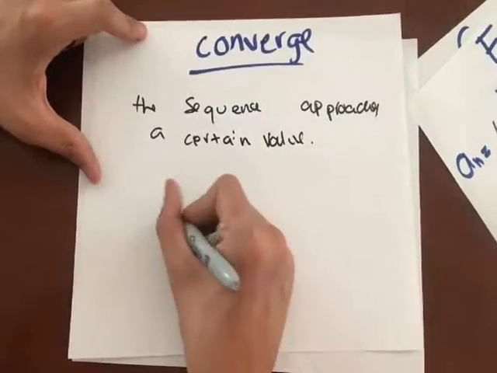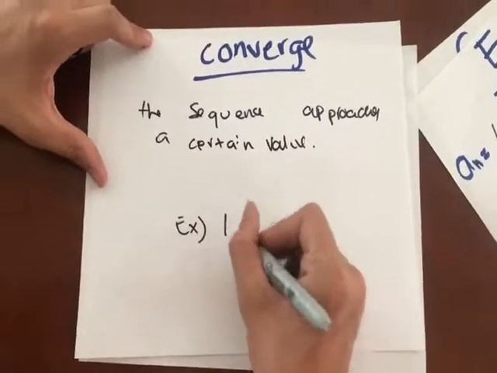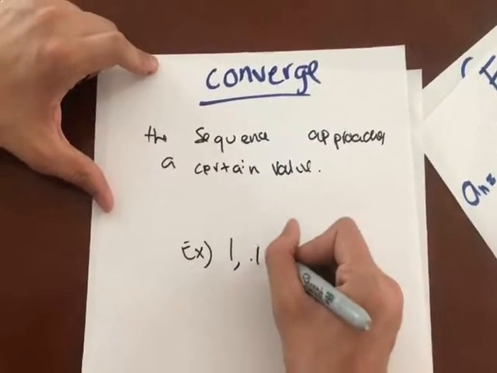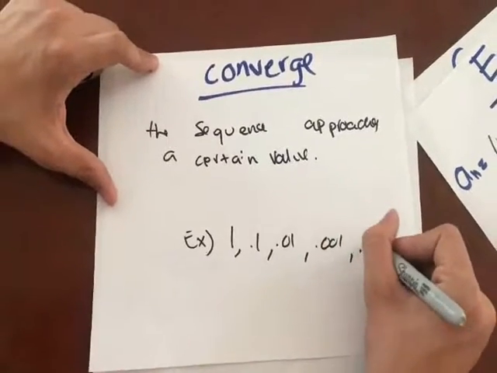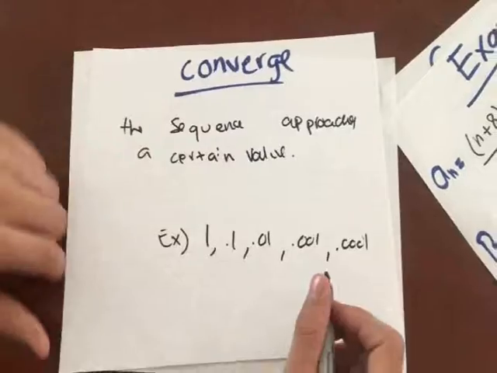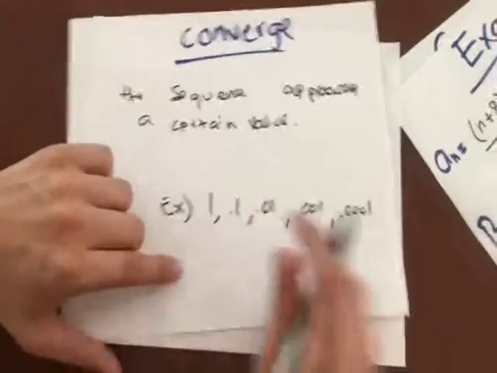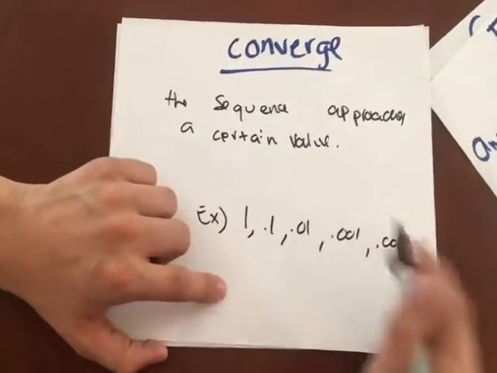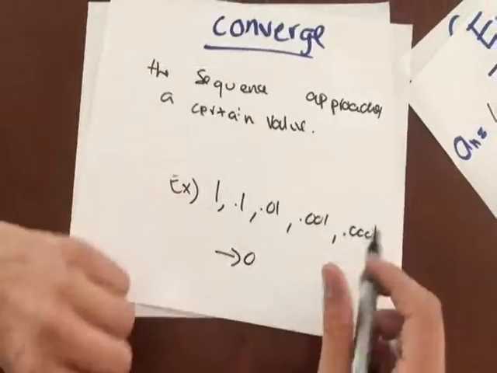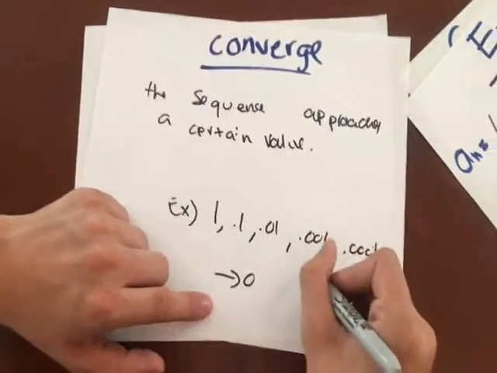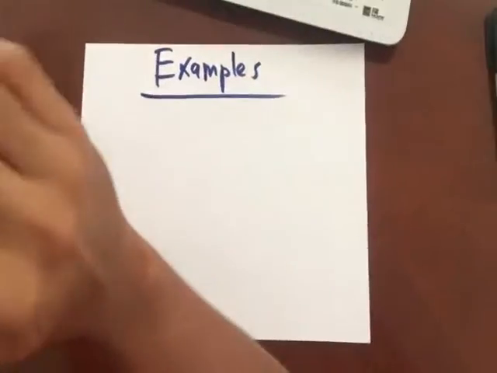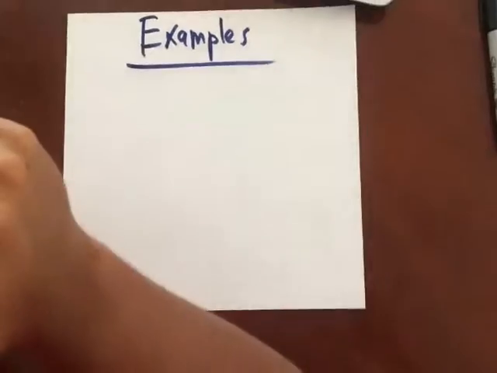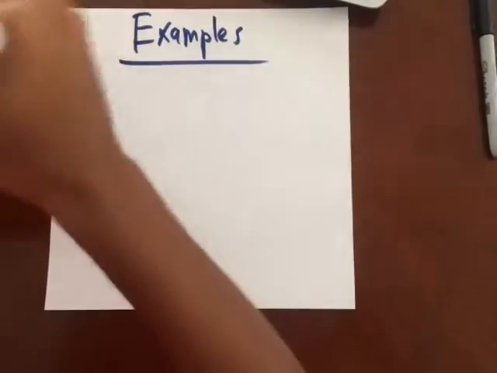For example, in this sequence, 1, 0.1, 0.01, 0.001, 0.0001, you can see that the number is decreasing and it's approaching 0 because it's getting smaller and smaller, so this sequence converges.